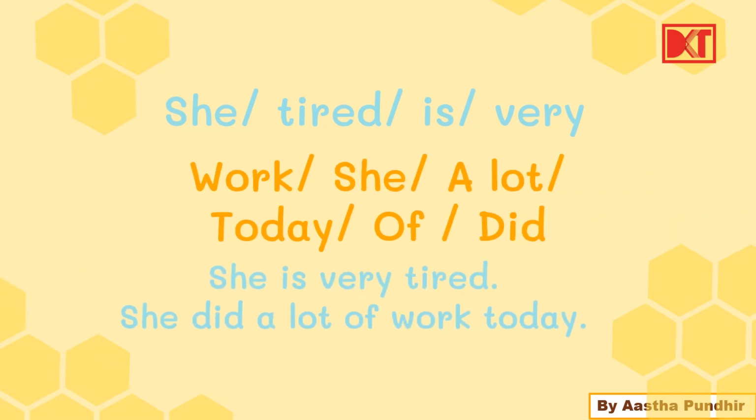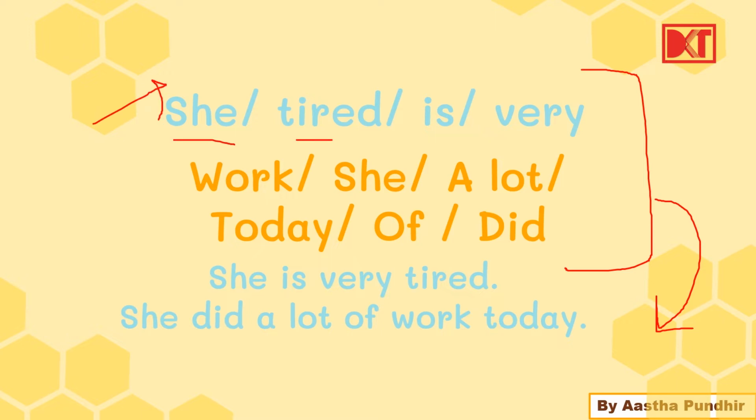Alright, so here you see we are given a few jumbled up sentences. These are the jumbled words and then we have to form a meaningful sentence. Let's see the first one. She tired is very. This can be unjumbled and written as: she is very tired.